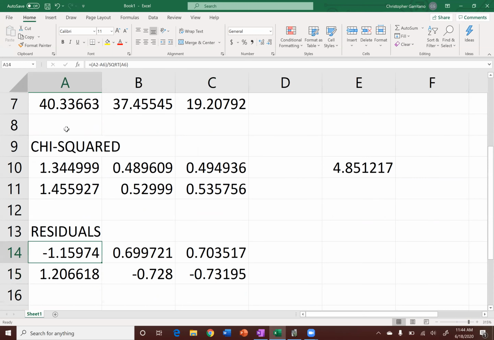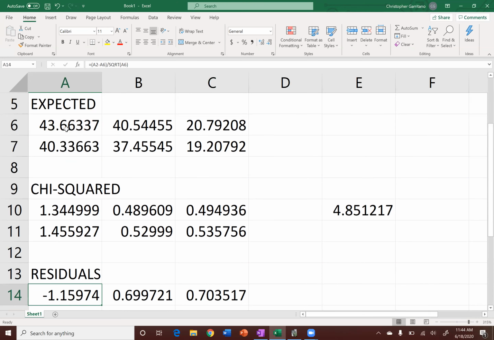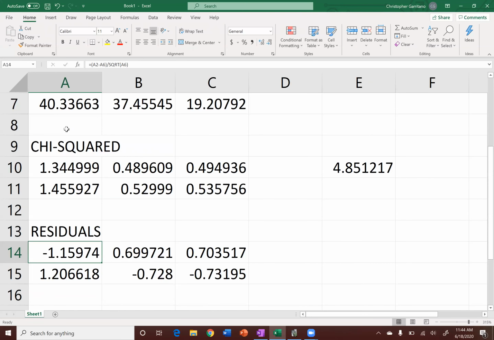Now, looking at this, it seems like the largest residual, or really the largest two residuals, exist in the Democrat column. So there was a large discrepancy in the Democrat column with respect to the age groups.